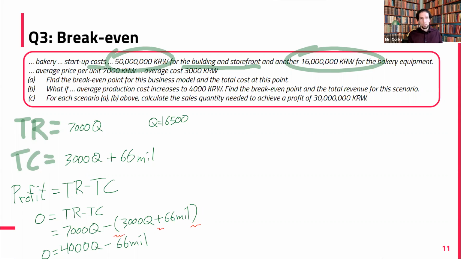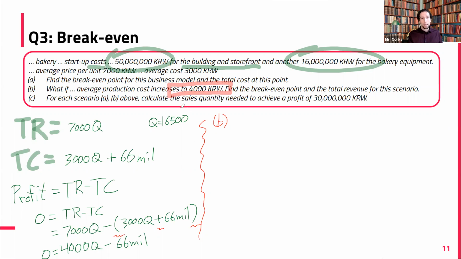So that was A. B had a slightly different scenario. Almost everything was the same, but just one part changed for B. What was that one part? The variable cost. So the variable cost, actually, let's just rewrite it here. Instead of 3,000, it's 4,000. Also, it's a word problem. We have to read the problem carefully.